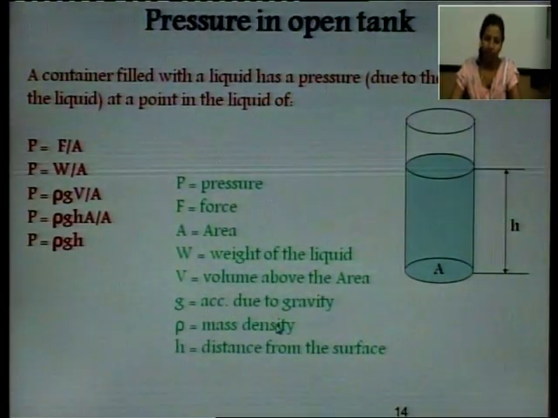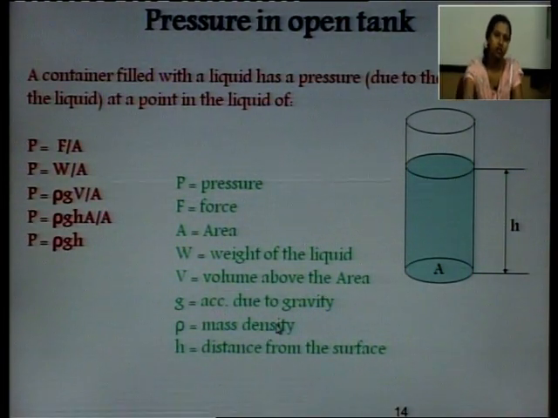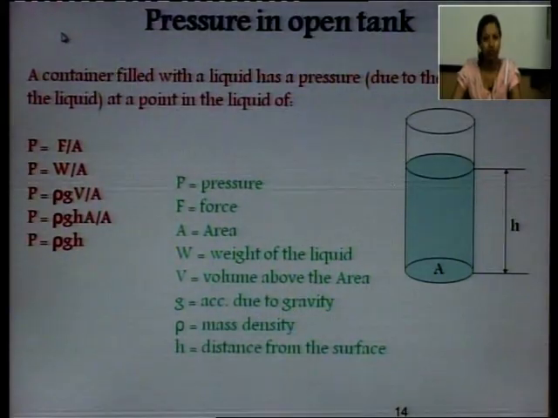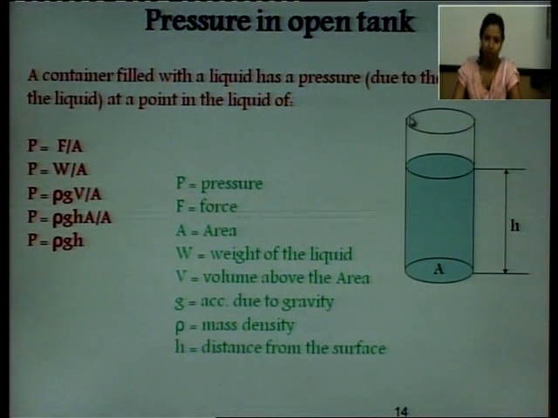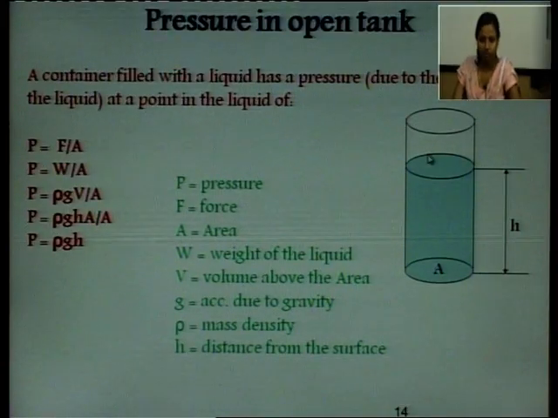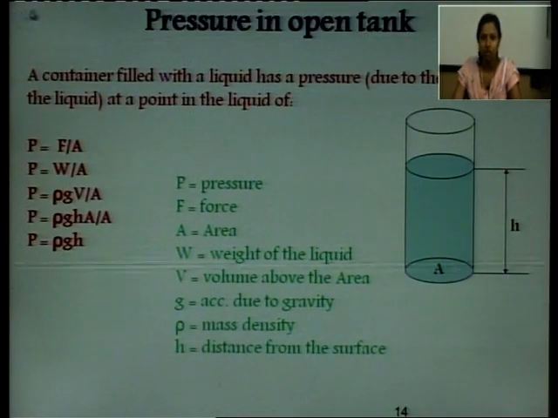Now we define the formula of pressure. We know pressure is equal to force upon area. Take any container in which we put some liquid, and suppose its height is h. A container filled with a liquid has a pressure because the liquid has some weight.